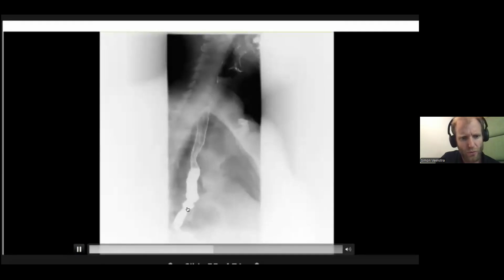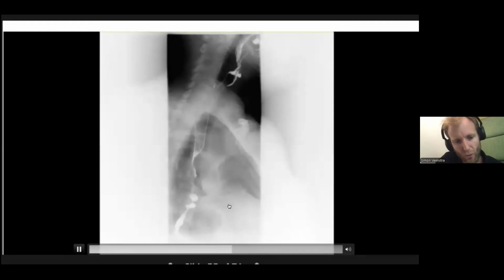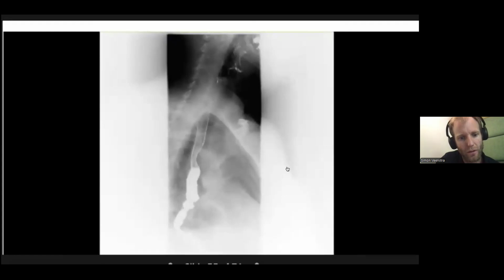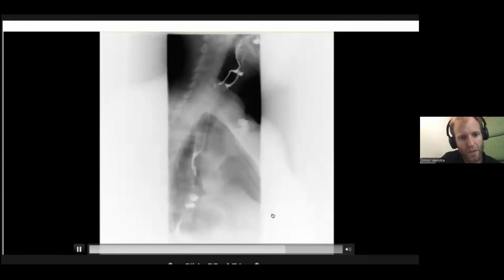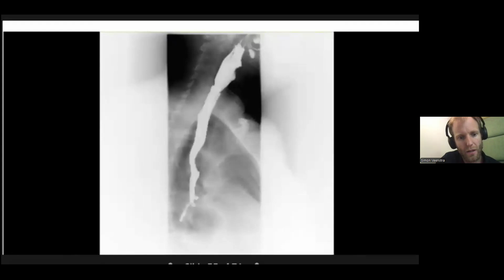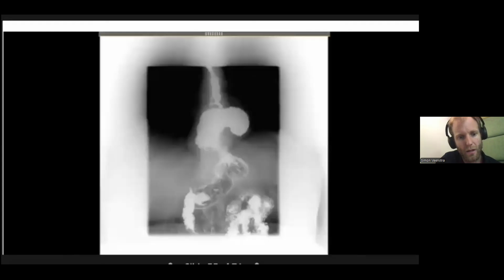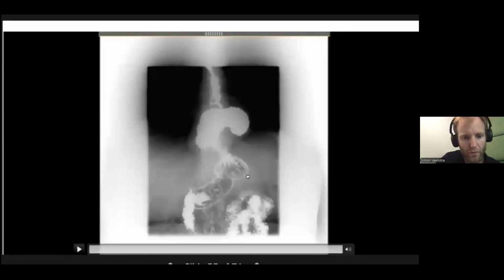But there's also this tortuosity, one could argue maybe a corkscrew-type appearance as well, distally, with a little bit of hold-up of contrast probably in the distal esophagus. And a large hernia. That's important, as gastric tissue is pushing up above the diaphragm, and it's got a very short, squished-up esophagus.